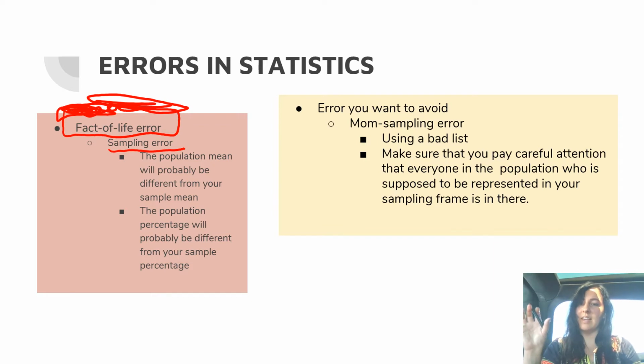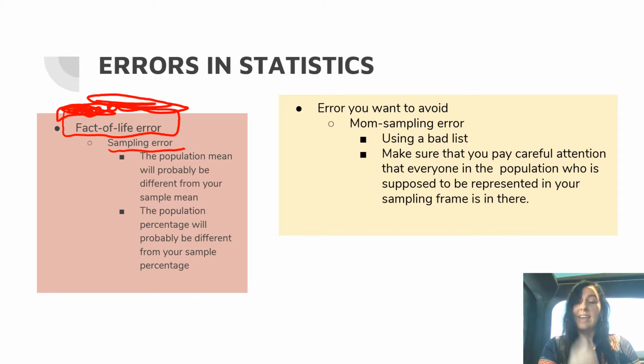Just because we're taking a sample and we're going to infer on that sample, we should expect there to be a small percentage of error. So this is really the difference between the actual population average or mean and the sample mean. And this is expected. This is just normal.